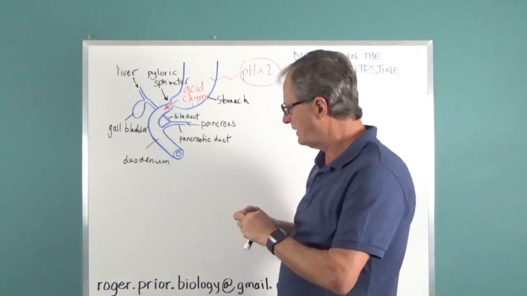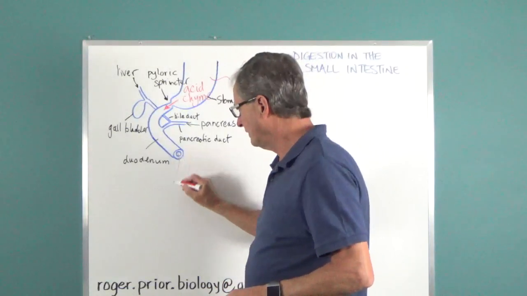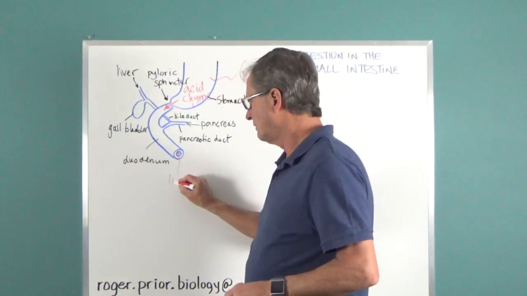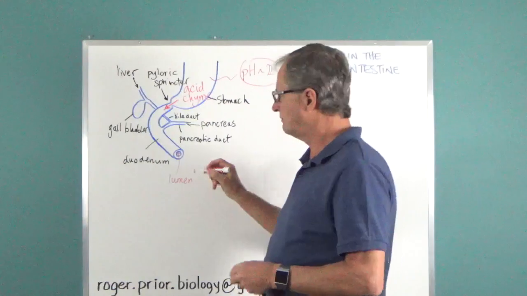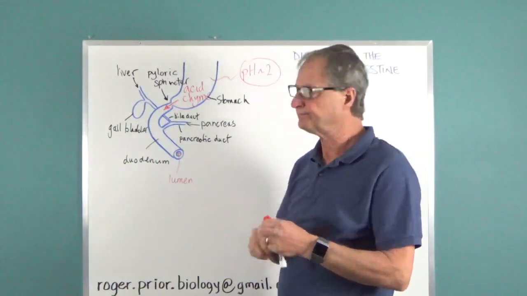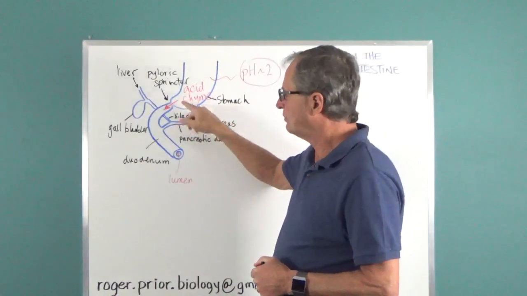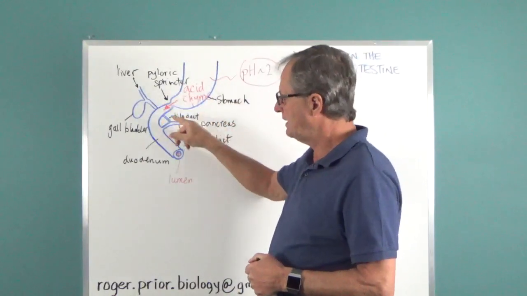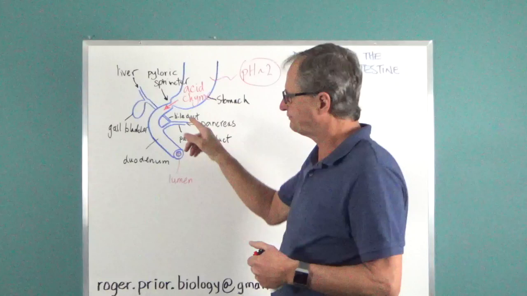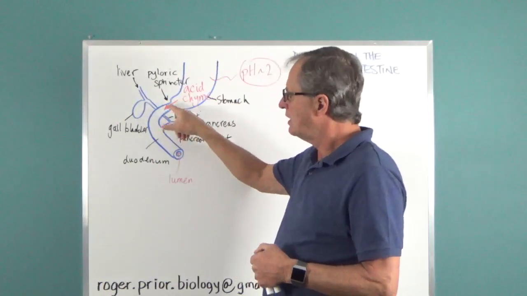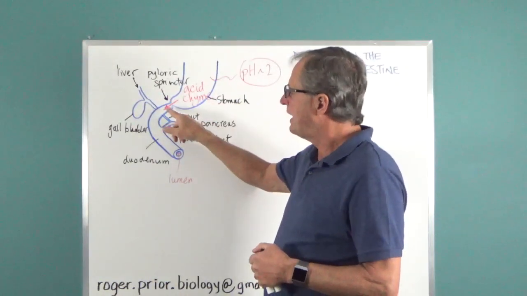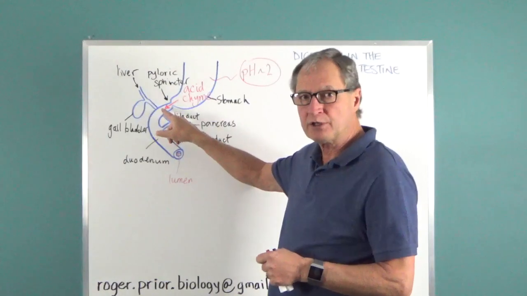The inside of a tube is called the lumen. The lumen of the duodenum is quite small. It'll only accept small bits at a time, so maybe just a few drops get in here, and as it fills up, it puts pressure on the inside of the tube, and it has mechanoreceptors here.